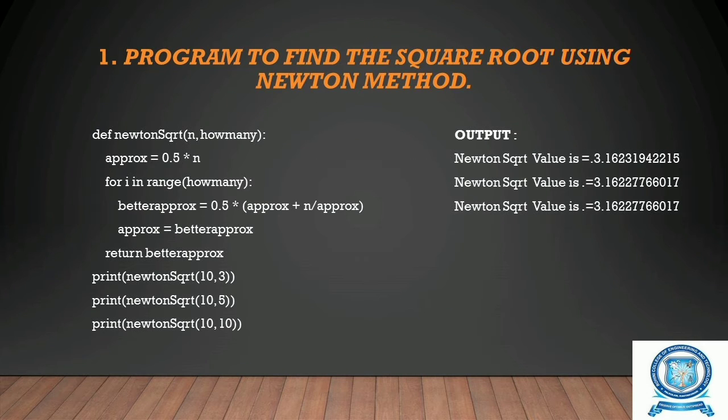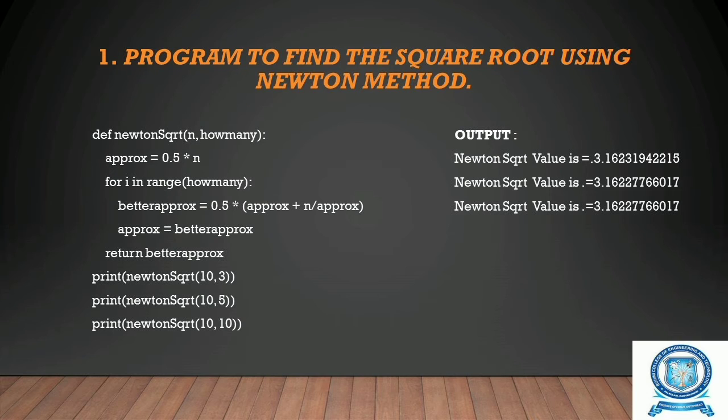Let's see another example to find the square root using Newton method. We are going to write a Python program for that. First we define the function named Newton sqrt, that is square root, passing the parameters n comma how many. First we give a value for approx, the variable approx is given the value 0.5 times n.